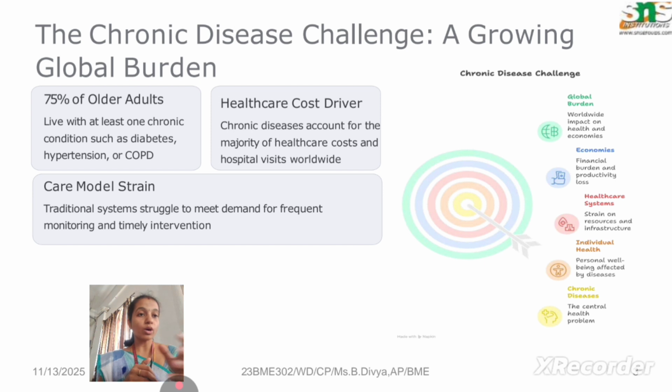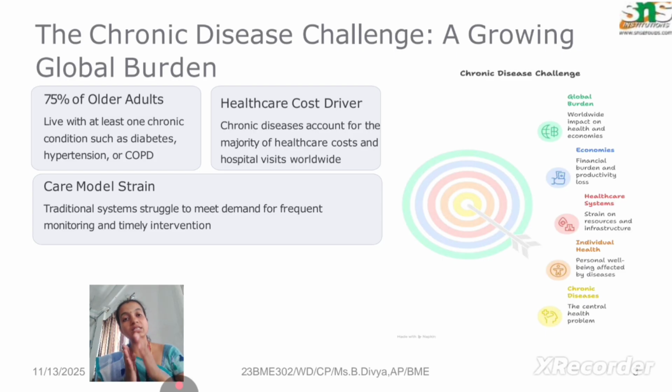One is chronic disease. The first one is chronic disease, where the central health problem is to be identified. First, the core problem of the health is to be identified very clearly. Next, the individual health: personalized well-being affected by a disease.